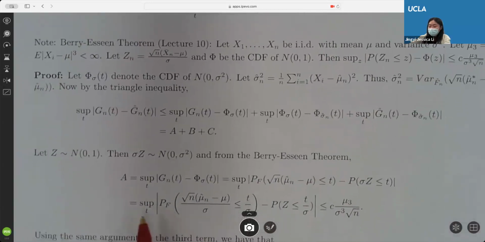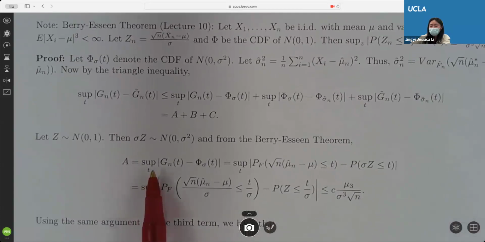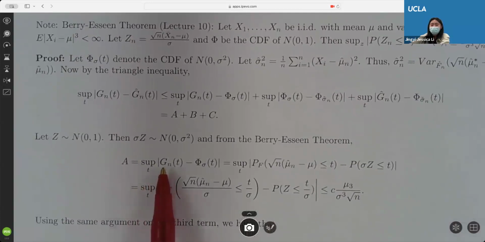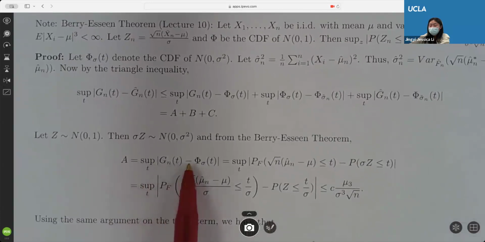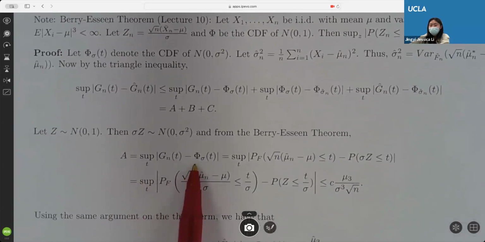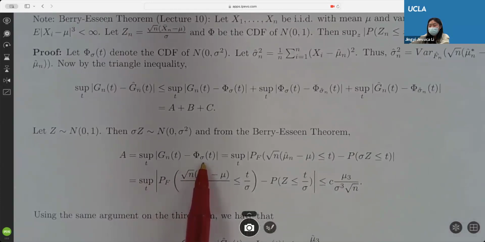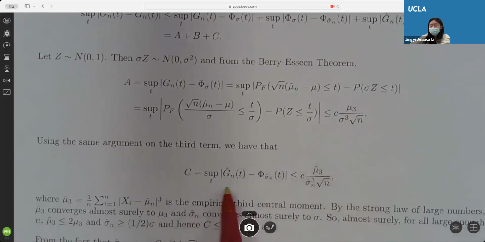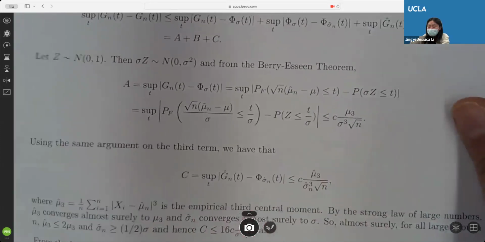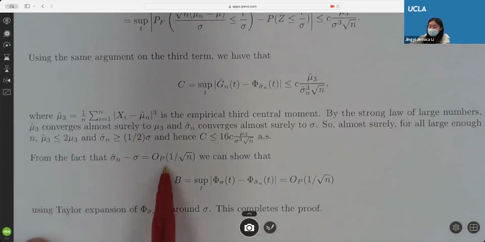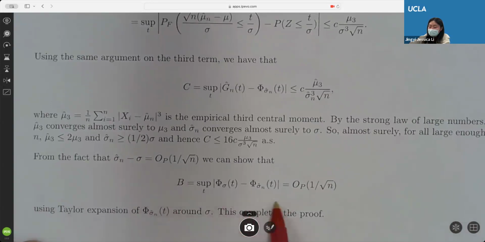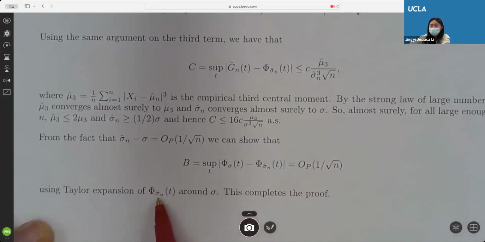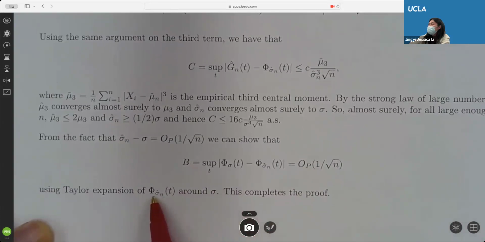Okay, so the first term A is comparing the error distribution we want to have and its limiting normal distribution based on CLT. For this one, we are just directly applying Berry-Esseen, nothing much. And the third term, same argument based on Berry-Esseen. Now the middle term is based on a Taylor expansion of the normal CDF.